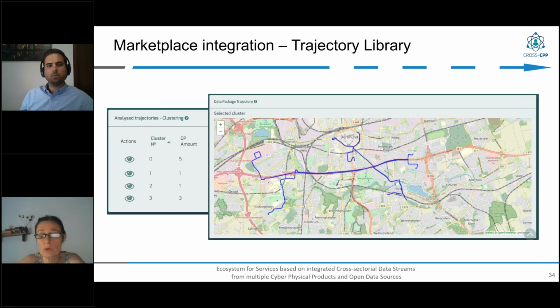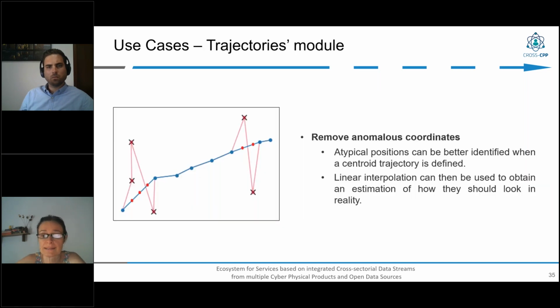We could see this has been extracted. It's just a screenshot from the marketplace that Victor was showing to you, and then we can find, for example, these groupings of trajectories that are similar.